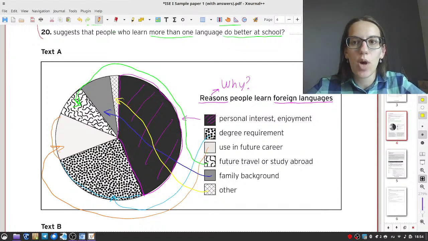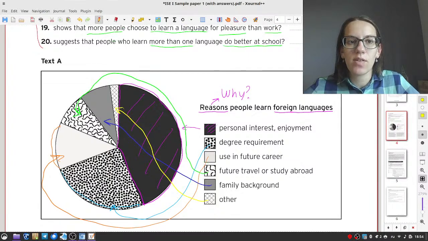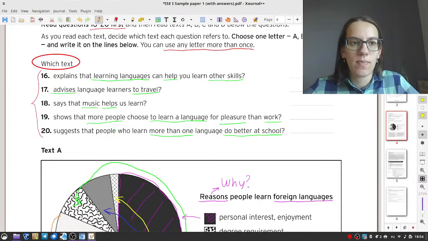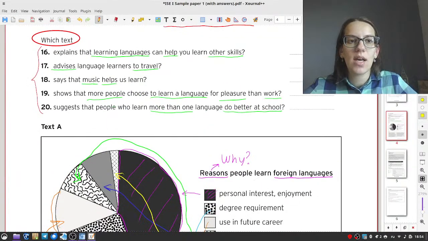Now let's look at the questions again and try and decide if any of the questions can be answered with this text. So again, 16. Which text explains that learning languages can help you learn other skills? Can we say that this text explains that?